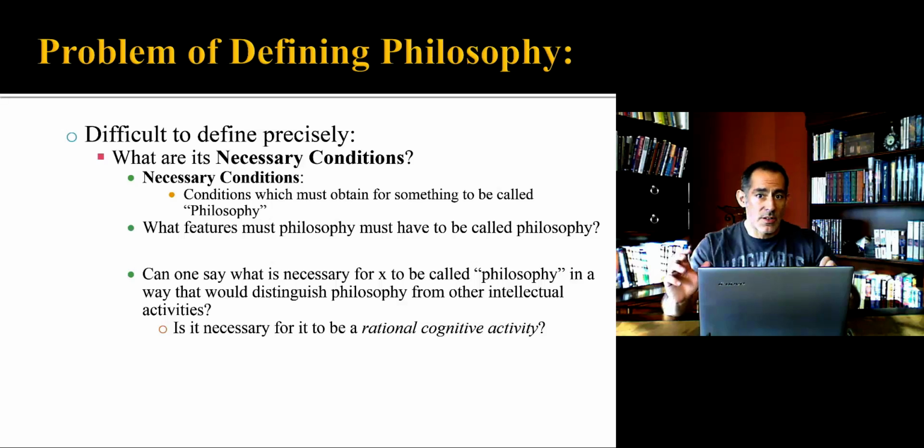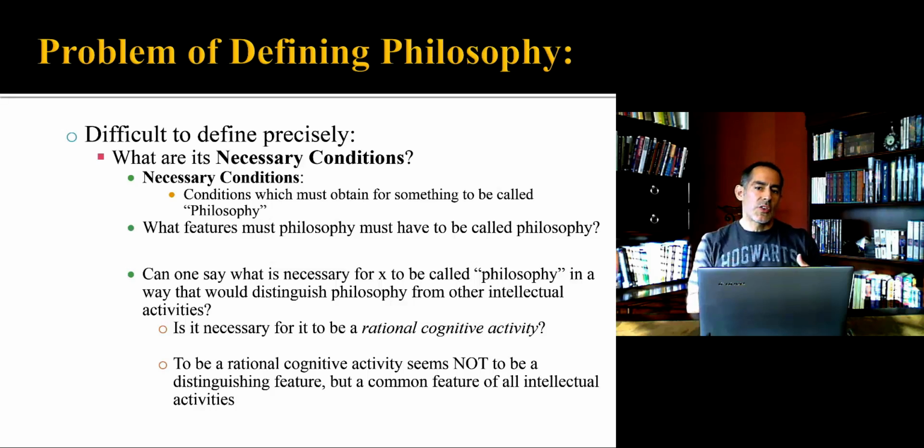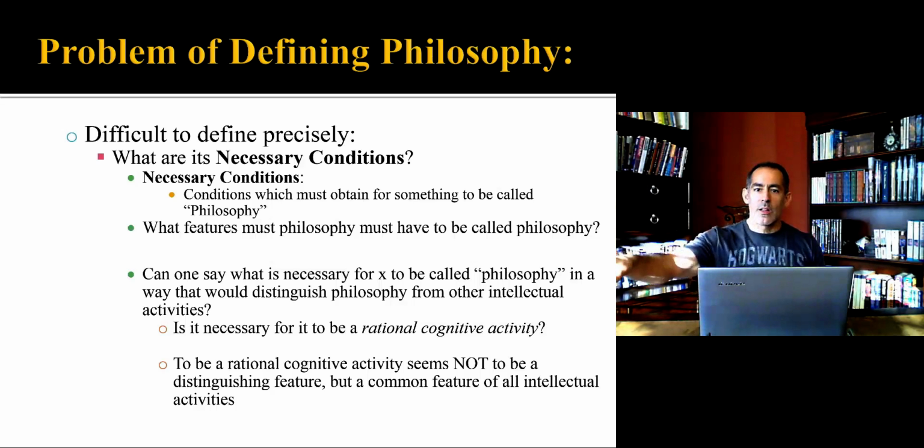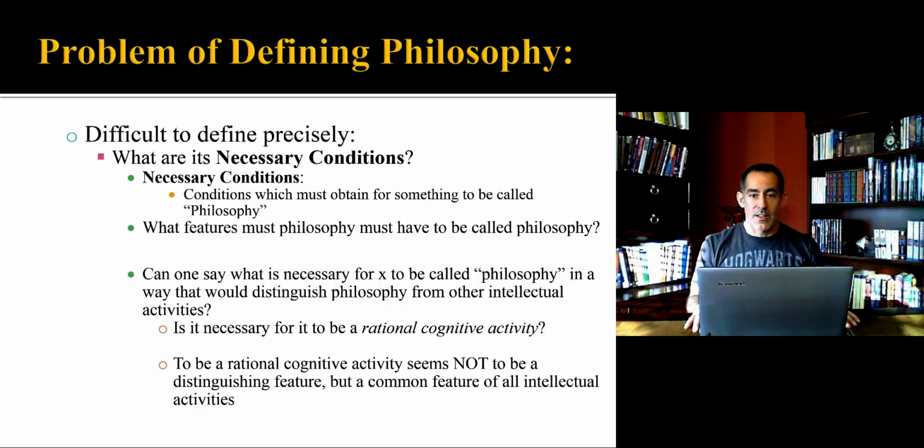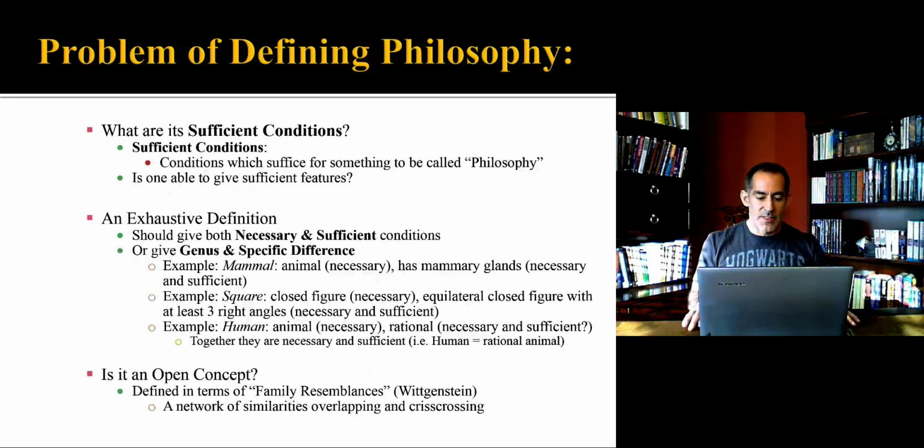I don't know that you necessarily can do philosophy without it, but it doesn't seem to be a distinguishing factor for philosophy, because there are other things that are not philosophy that are also rational cognitive activities. Okay, so where it may be necessary, it's not a distinguishing factor that we can point to and say, well, it's a rational cognitive activity, therefore it's philosophy, right? It could be physics, could be mathematics. Those all involve the same types of things.